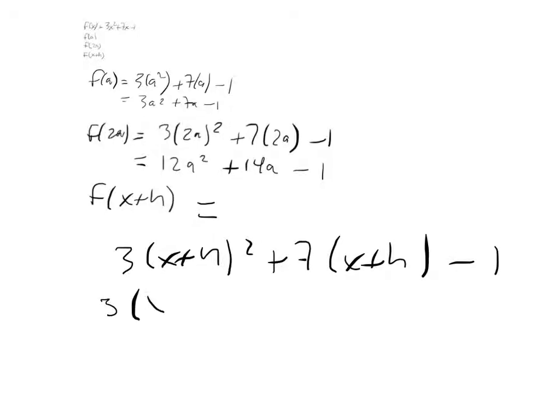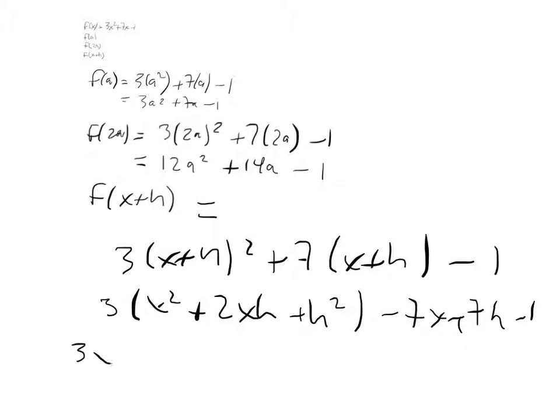Simplifying, 3 times x squared plus 2xh plus h squared, plus 7x plus 7h minus 1, or 3x squared plus 6xh plus 3h squared plus 7x plus 7h minus 1. Any like terms? Nope, no like terms, and that's what we got.